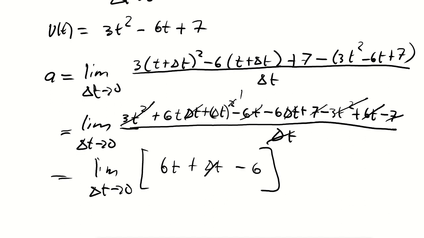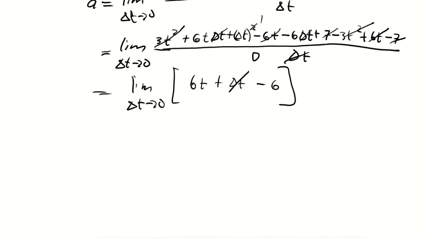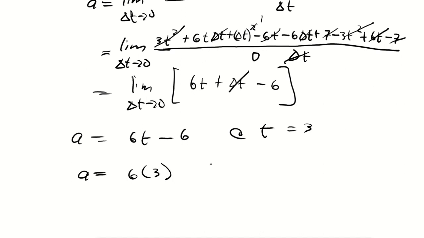This will be equal to 0. And what will be the remaining terms? So we have acceleration is 6t minus 6. So when t equals 3, what will be the acceleration? Acceleration will be 6 times 3 minus 6, or that is equal to 12.